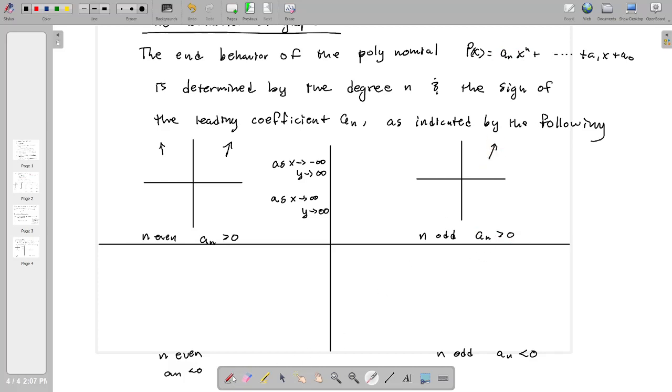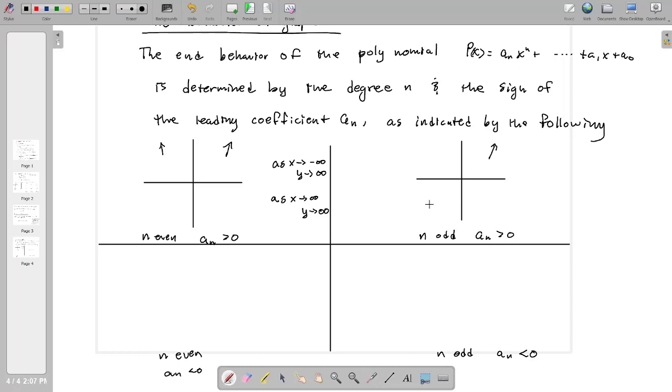Now, because n is odd, if x is negative, then we would have an odd number of negative numbers being multiplied together. So let's say that x is negative 10. We would have an odd number of negative 10s being multiplied together, which would give us a negative value.